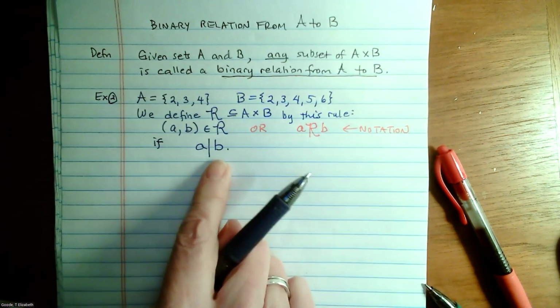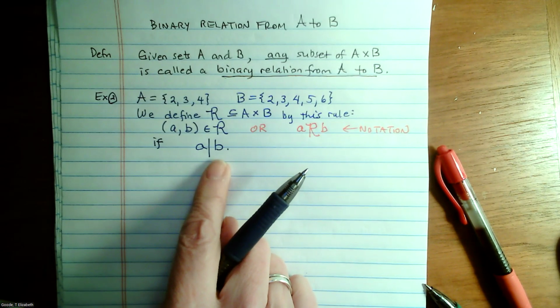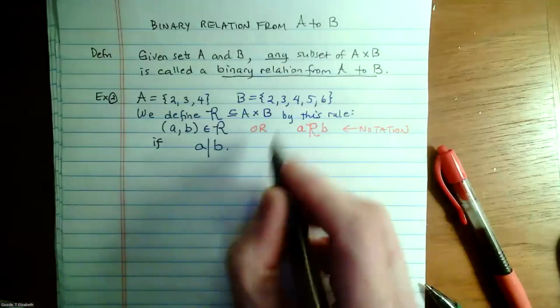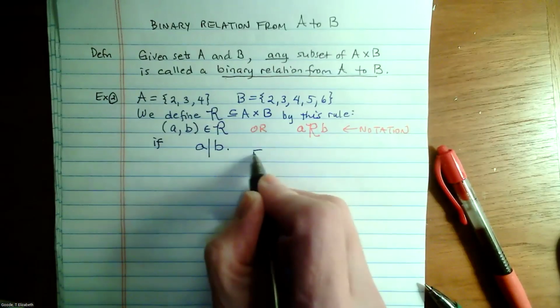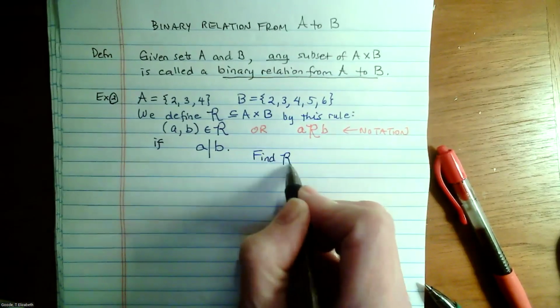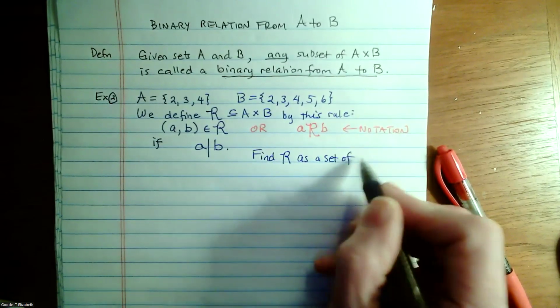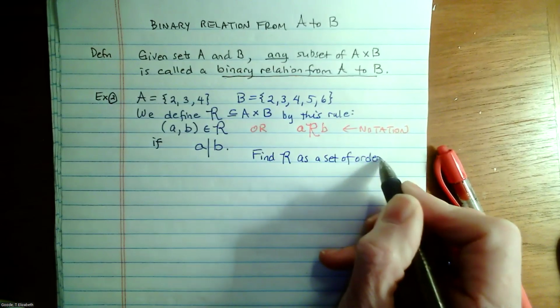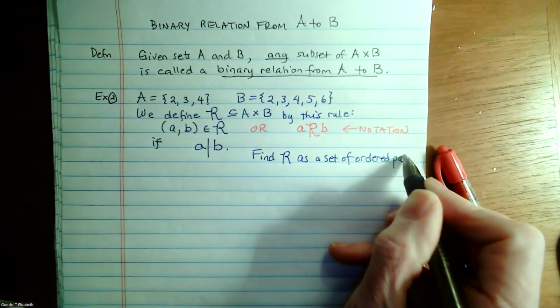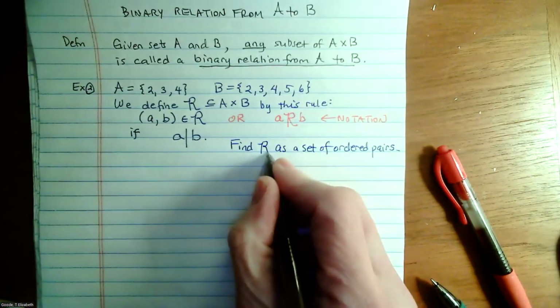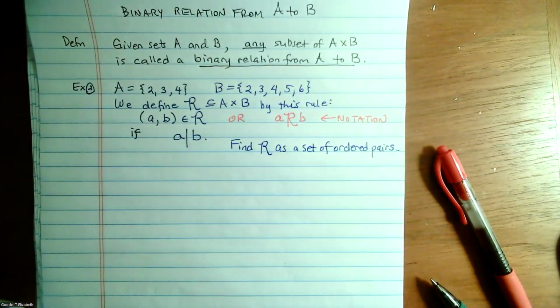So that's going to be the rule that tells us when a is related to b, or when (a, b) is in this relation curly R. And now we're going to find curly R as a set of ordered pairs. We have a rule, and now we can use the rule to figure out which ordered pairs are in this relation curly R.